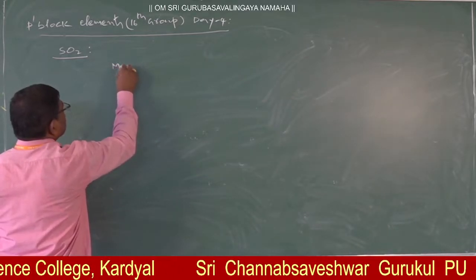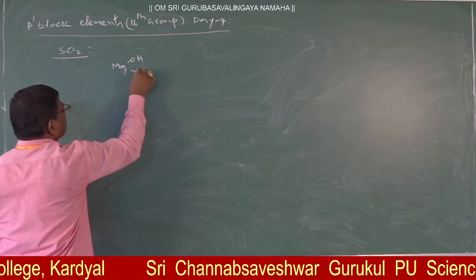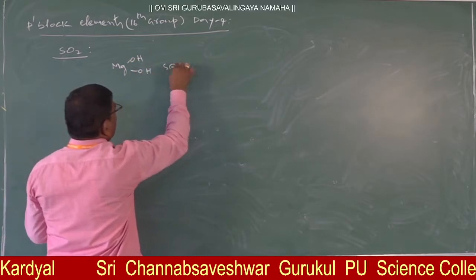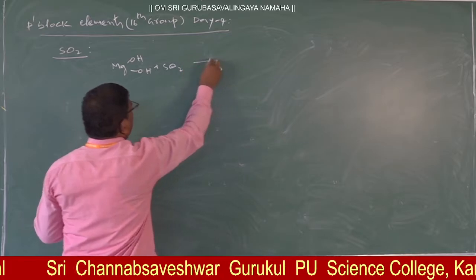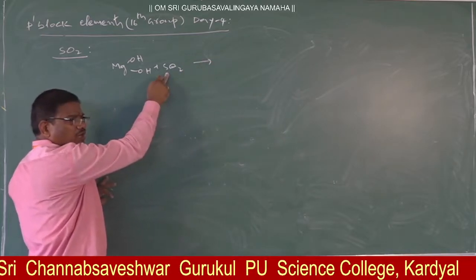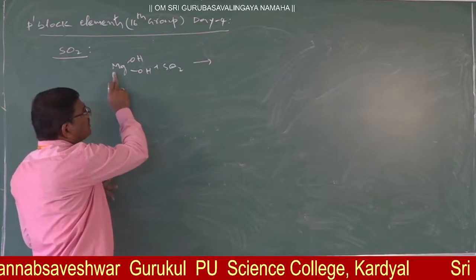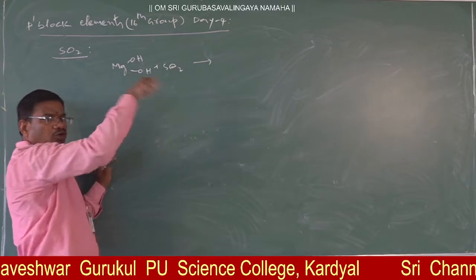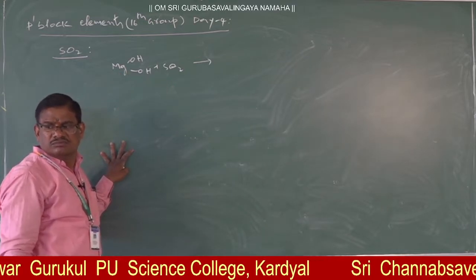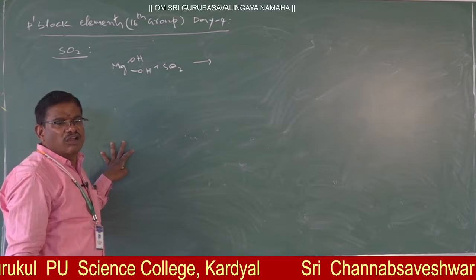Here magnesium hydroxide is there like this, with which also sulfur dioxide will react. Sulfur dioxide with magnesium hydroxide is going to give magnesium bisulfite.